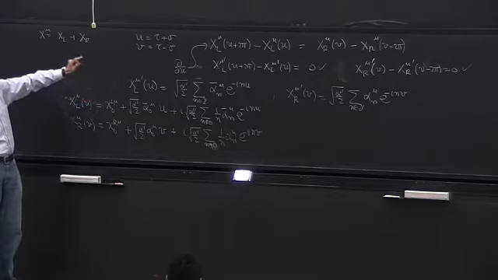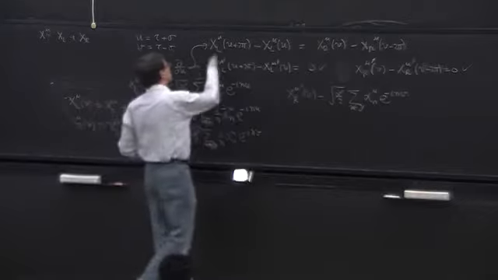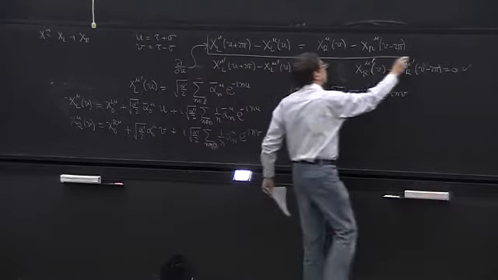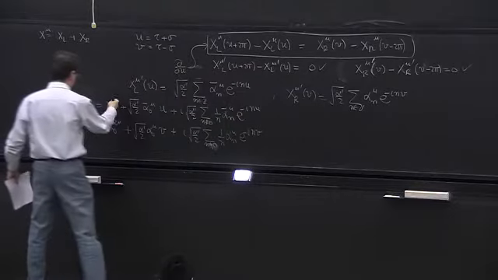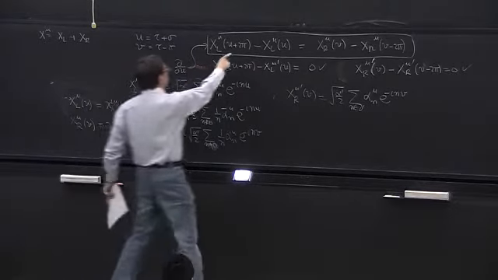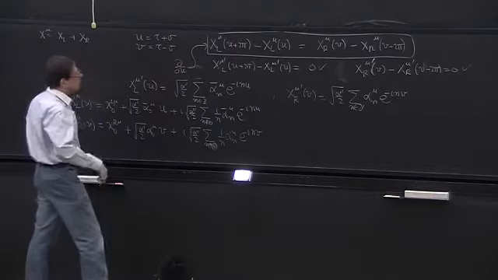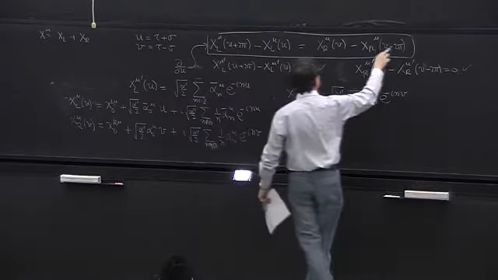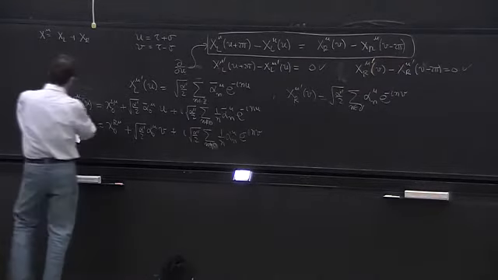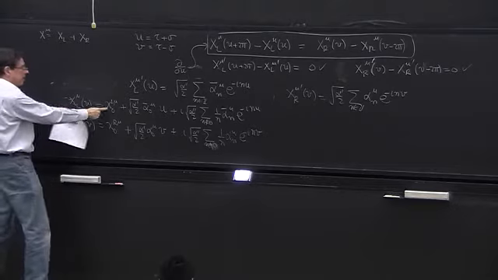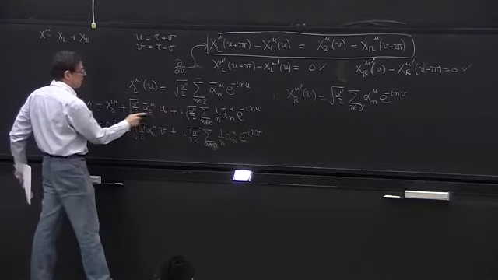Why? Because it's time to go back to our constraint. We took the derivative, and we got an equation, but then we integrated. So we go back, and we see that the failure of periodicity of XL must equal the failure of periodicity of XR. Now, what is the failure of periodicity of XL? This is certainly periodic, and this is certainly periodic. This is not periodic.